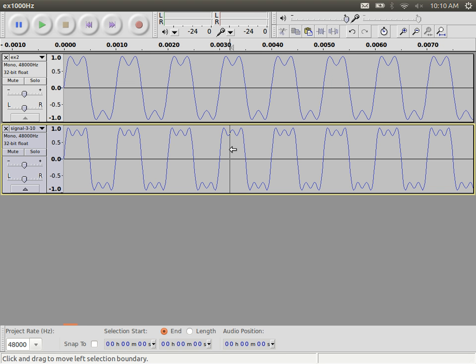Bandwidth. Bandwidth of our signal, 4,000 now. Maximum component 5,000. Minimum 1,000. The spectrum is 1, 3 and 5,000. The bandwidth from minimum to maximum, the difference is 4,000.